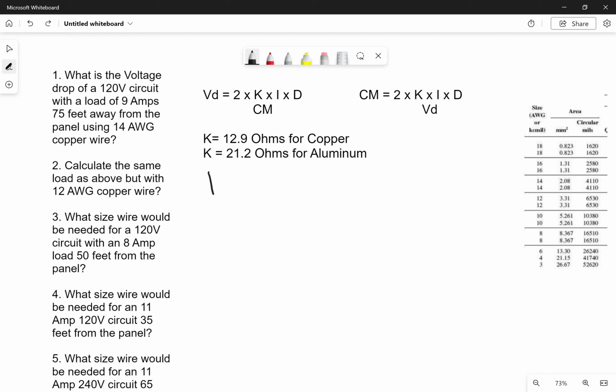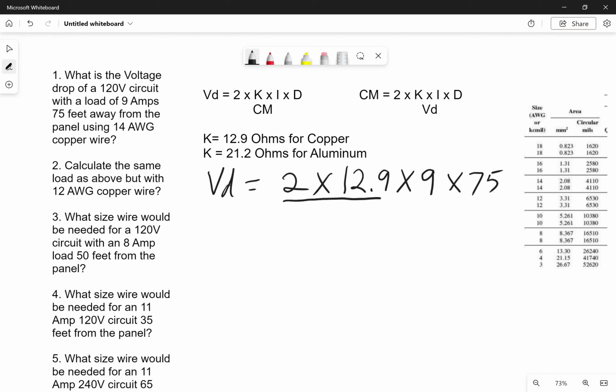And so our voltage drop equals 2 times K. K is the average resistance of either copper or aluminum. In this case, it tells us that it's copper, so we're going to plug in 12.9 for K times I. I is our amperage. That is 9 amps. And D is our distance, which is 75 feet away.